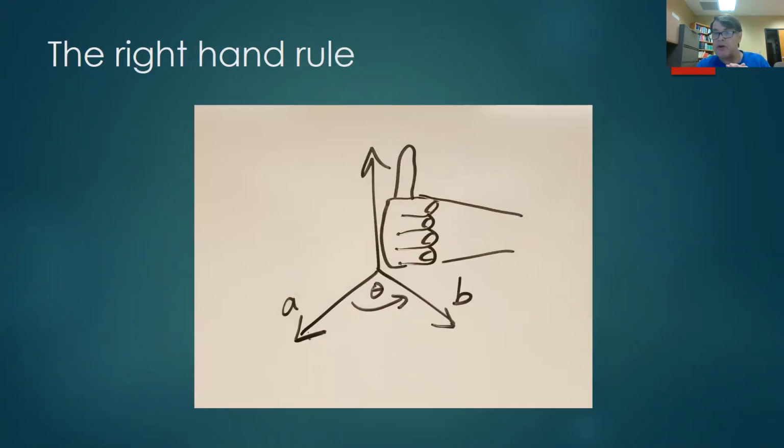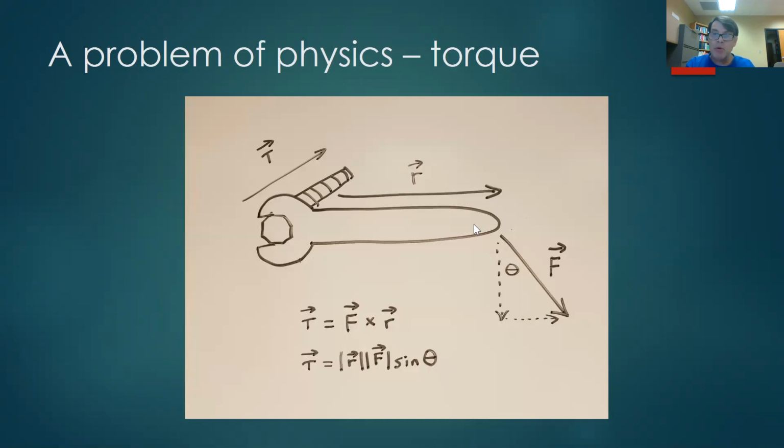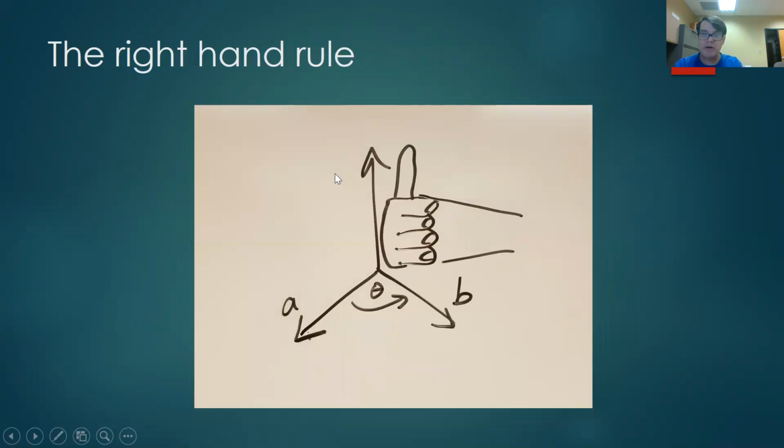Now, this is a very badly drawn example of the right-hand rule. Let's say we want to find out the direction. We know that the direction of the cross product is going to be perpendicular to the plane of the force and the wrench, so it's either going to go in or come out. But how do we decide which direction it goes? Well, we use something called the right-hand rule.